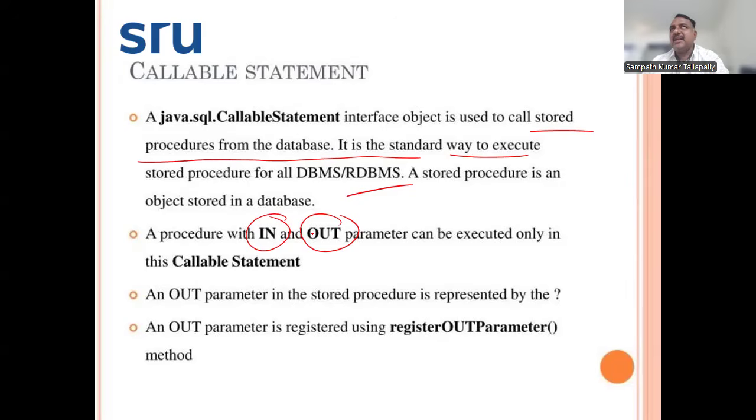Like arguments, they take some values into the method and give some values from the function to the outside world. Those types of variables I call in and out variables.